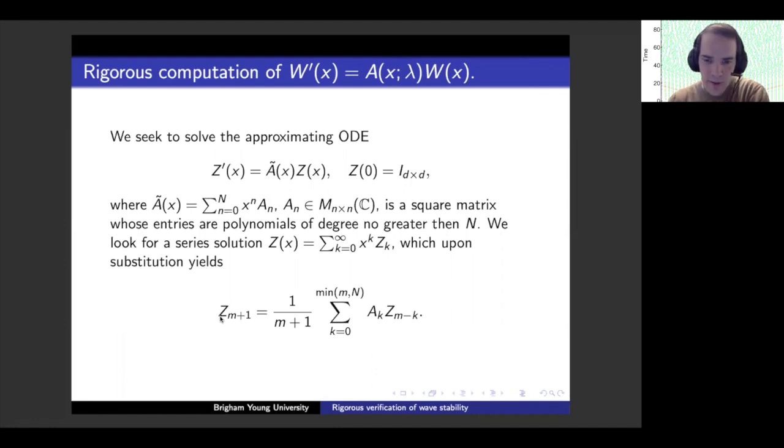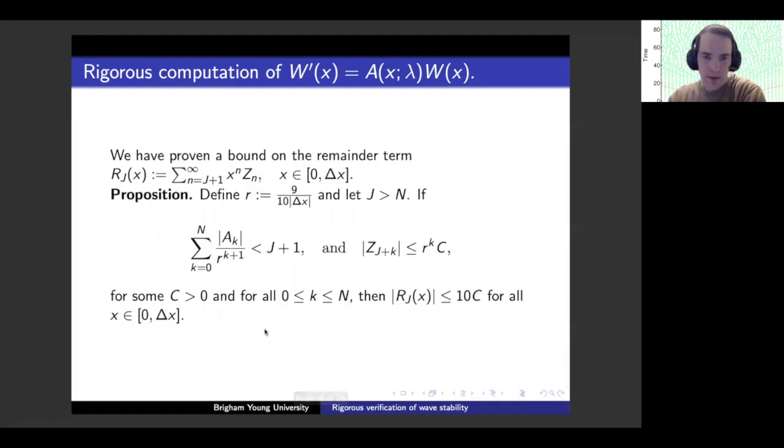So you see that this is going to be your equation for the coefficients, and then to bound the error, we just have the following assumption, that there is a condition on the first n terms of your series.